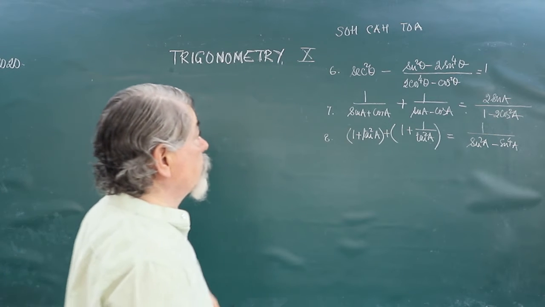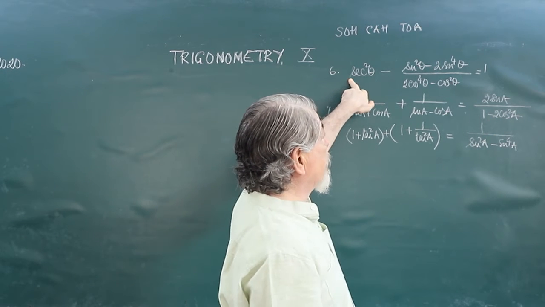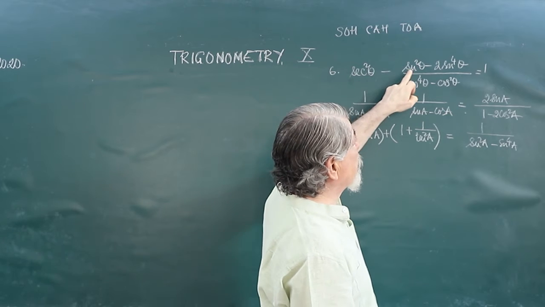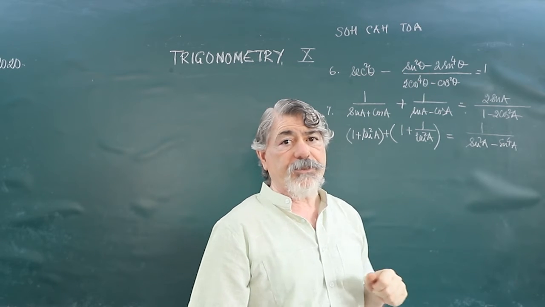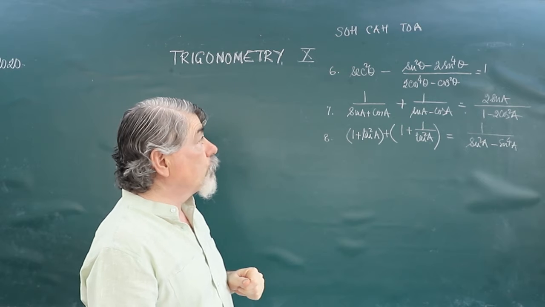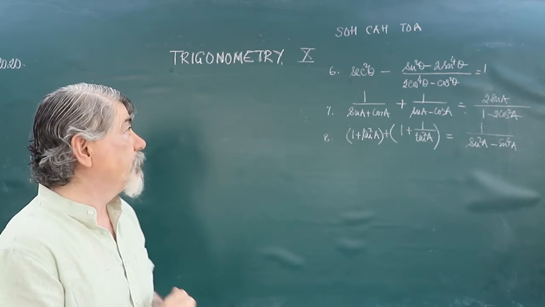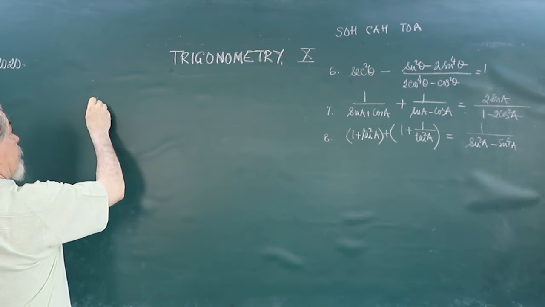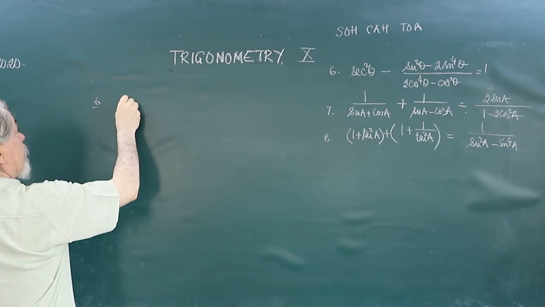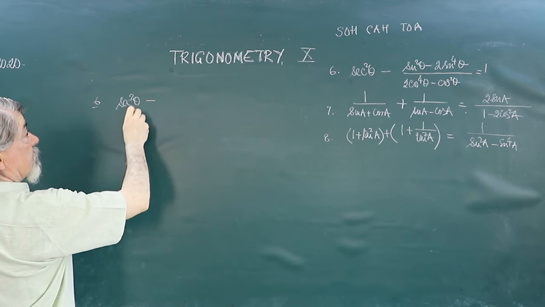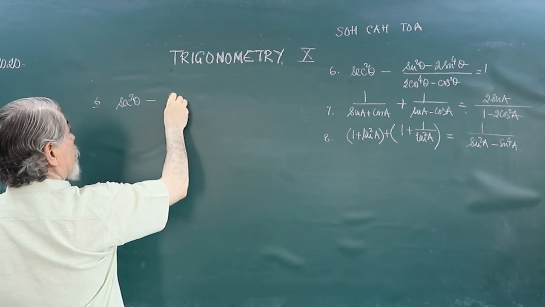Now let's see question number 6. Sec square theta minus sin square theta minus 2 sin 4 theta upon 2 cos 4 theta minus cos square theta is equal to 1. So sec square theta minus, let us take sin square theta common.